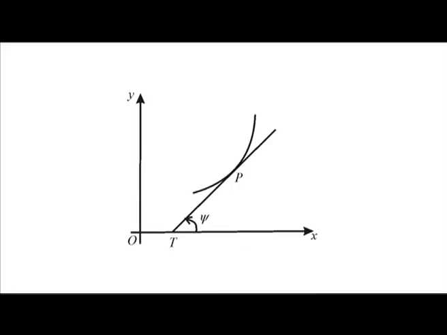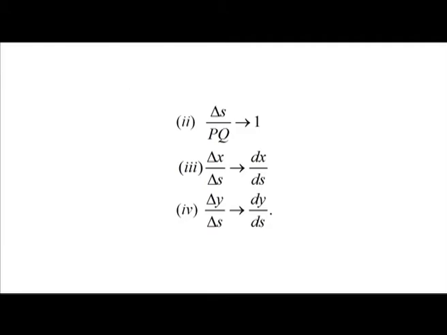In the limit when Q approaches P, PQ becomes the tangent at P so that theta approaches psi, where psi is the angle made by the tangent line at P with the x axis. Delta s by PQ also approaches 1.